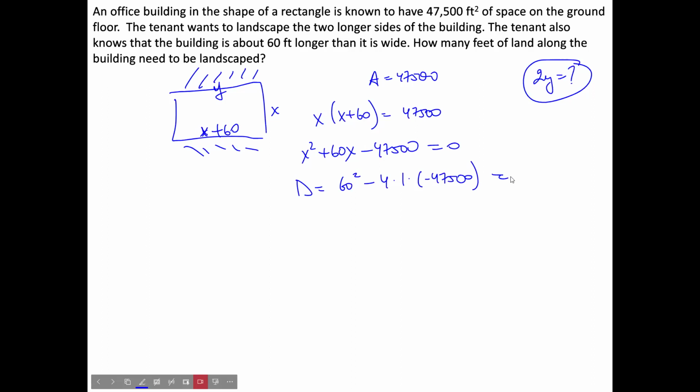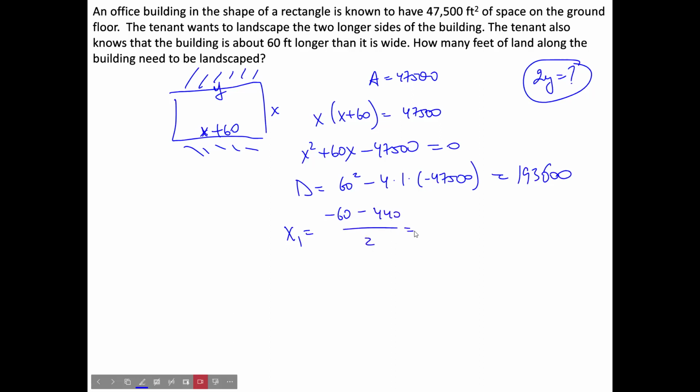So 60 squared plus 4 times 47,500. Oops. So the result is 193,600. So x1 is minus 60 minus the square root of that, which is 440.